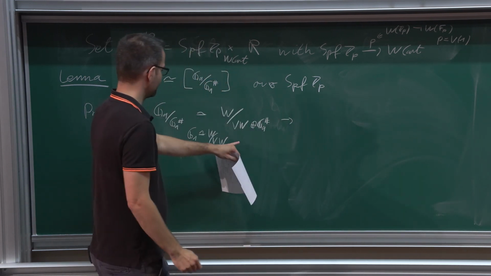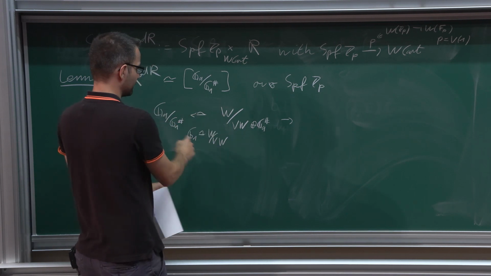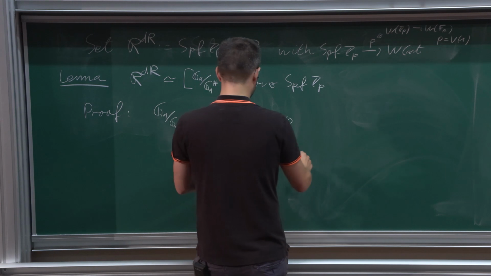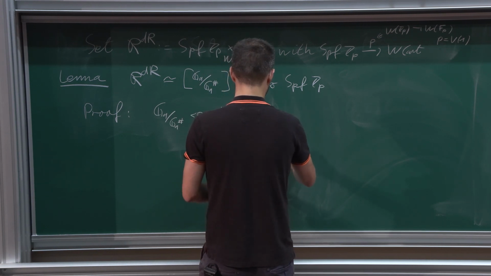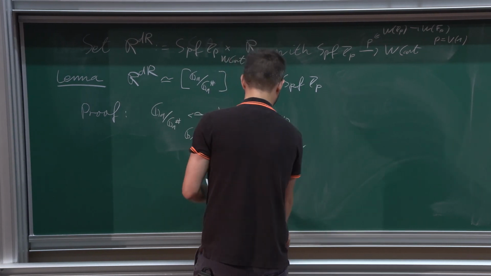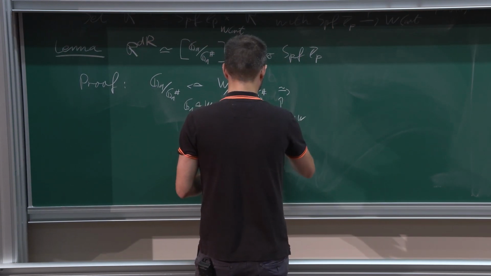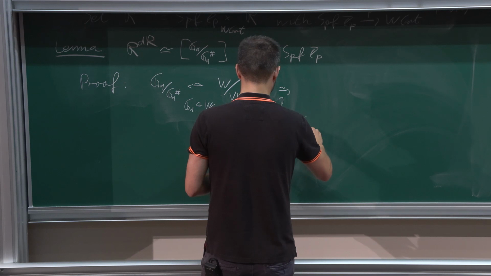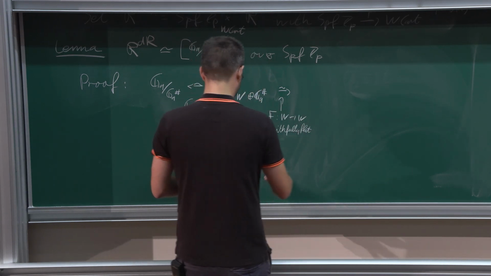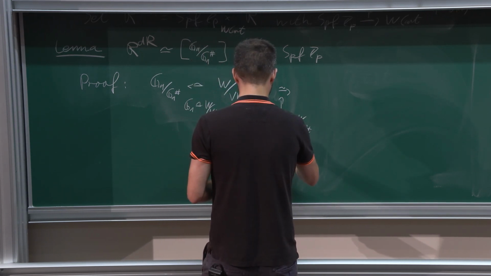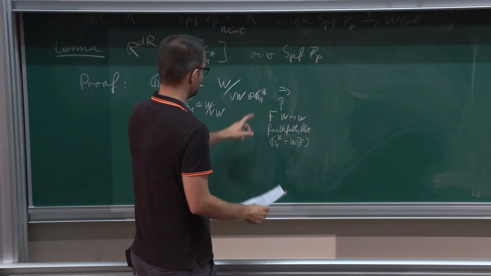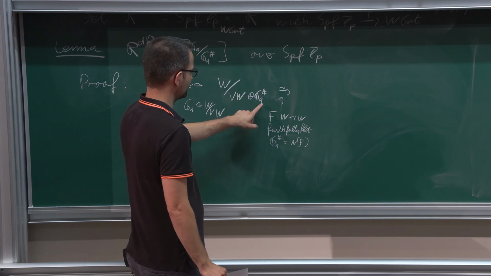And so one has a natural map from here to there. And now what I can also do is apply the Frobenius to that thing. So that's a faithfully flat map. And it has the property that it kills this vector G_a sharp.